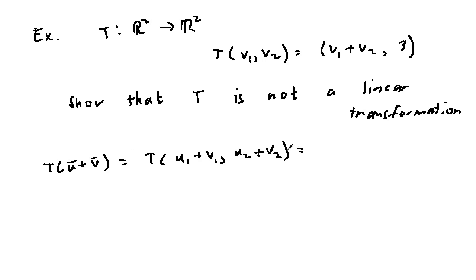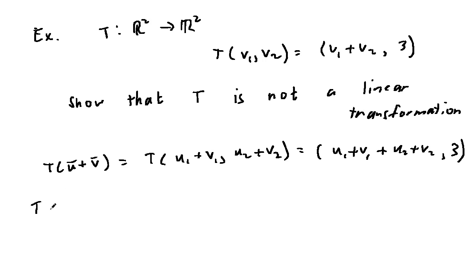Now I'm just going to plug this into the function T. It says take the first and second components, add them together. The second component is just 3. So that's T of u plus v.